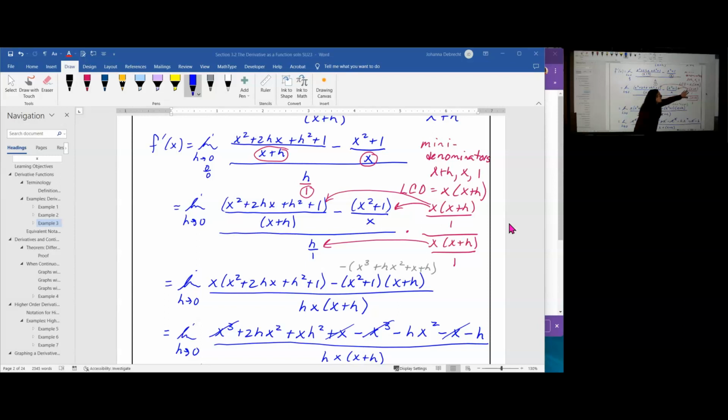When I distribute over the first term, the group factor cancels. And that leaves x to be multiplied by the numerator of the first term in the numerator, which gives me this. When I distribute over the second term, it's the single x that cancels, and that leaves me with the group x squared plus 1 times the group x plus h.